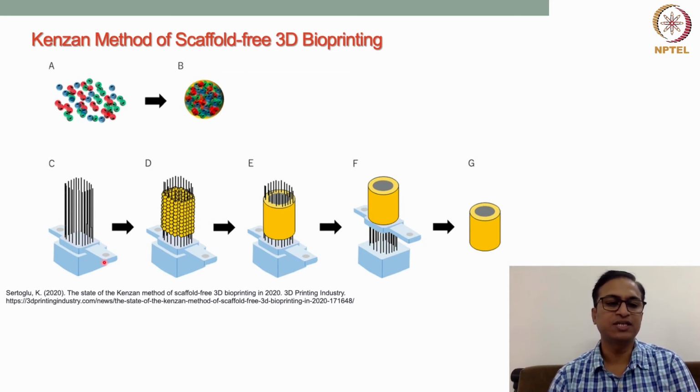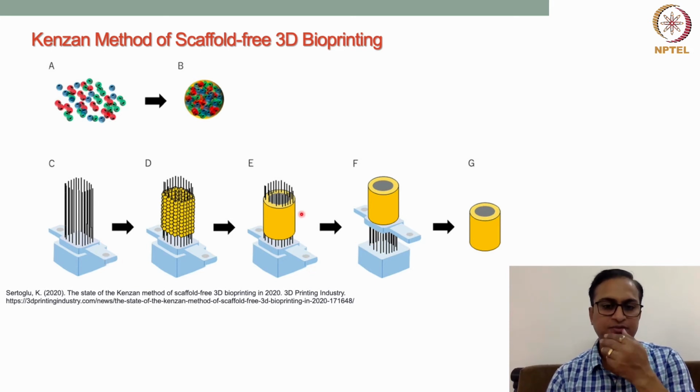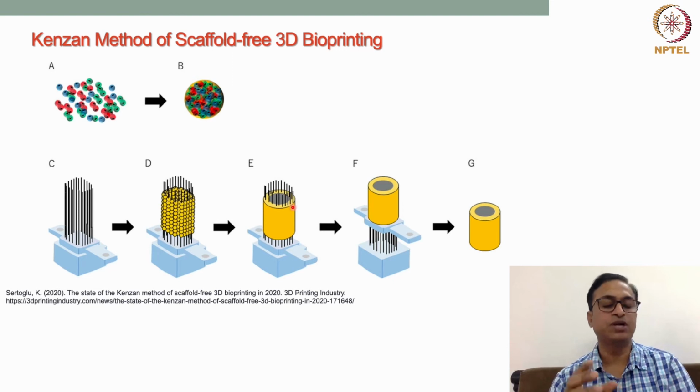And then there is also a stage here, so that after full formation of the whole structure, it can be lifted up and you can get this structure. So this is a material free technique where no biomaterials have been used, but it relies on cellular self assembly, and then we can get freestanding structures. So this method is called the Kenzan method, a scaffold-free 3D bioprinting technique.